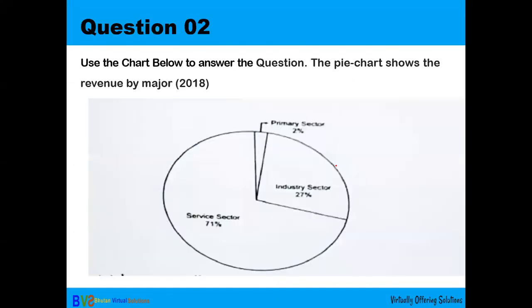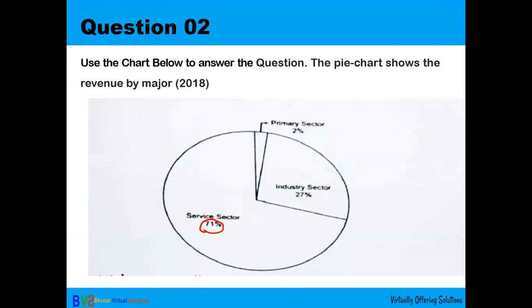Alright, so let's see question number 2 then. Now this question came in 2018. What is it saying? Use the chart below to answer the question. The pie chart shows the revenue by major sector. The service sector gains a revenue of 71%.